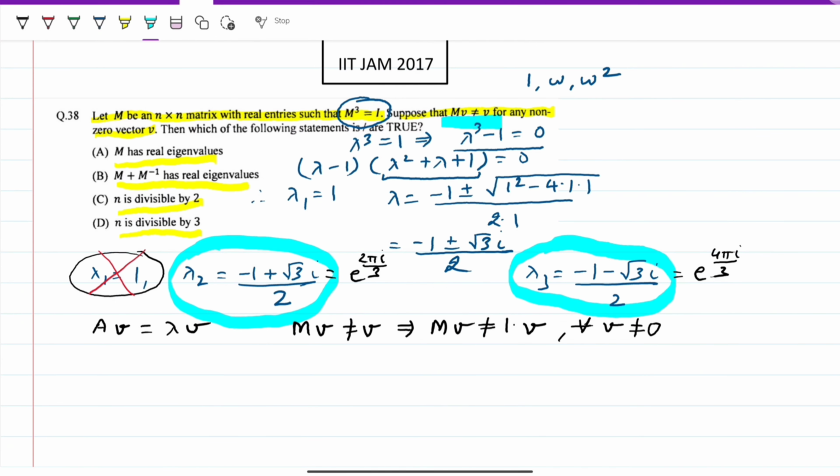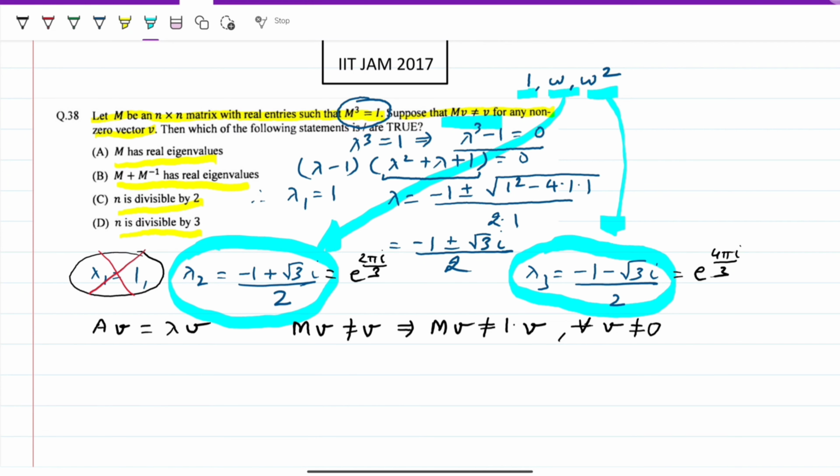Earlier I was talking about the cube roots of unity: 1, omega and omega square, where omega is this number and omega square is this number. So these are the 3 complex cube roots of unity.